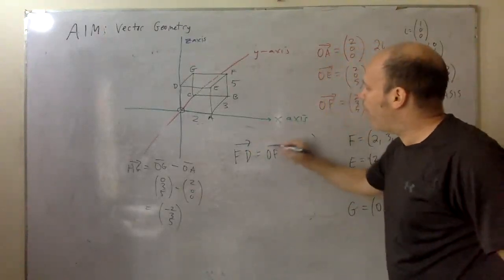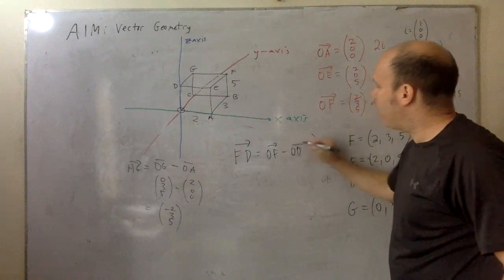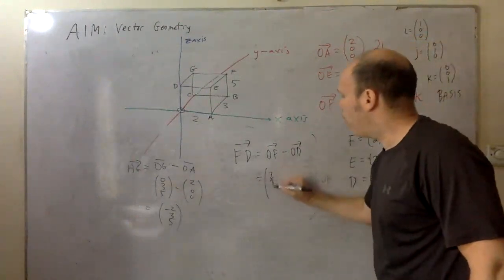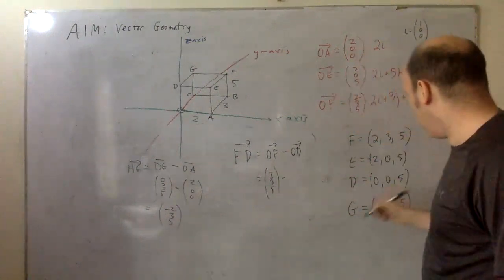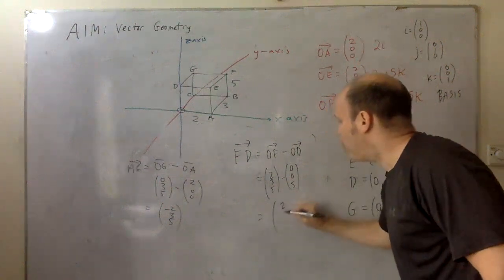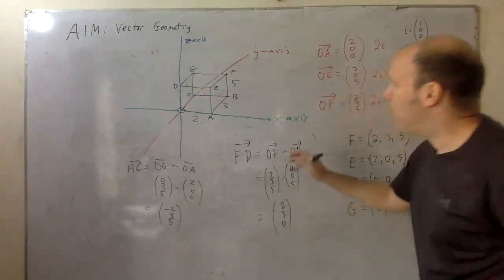So FD is OF minus OD. Let's see, what's OF? 2, 3, 5. What's OD? 0, 0, 5. Final answer, 2, 3, 0.